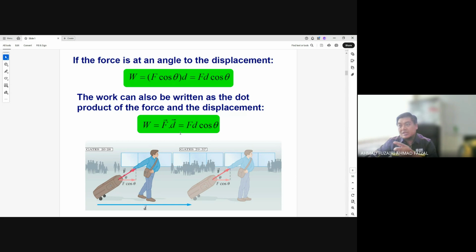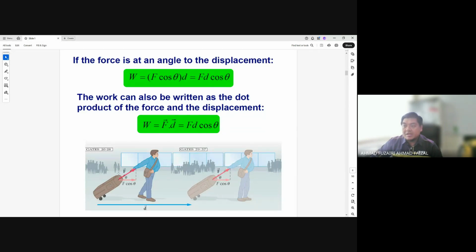As you can see, this man is pulling his luggage through some displacement. The displacement is in the x-axis, but he is pulling his bag at a certain angle. That means we obtain F cos theta here. When you see a vector at some angle, you can break it into its components, F cos theta and F sin theta.